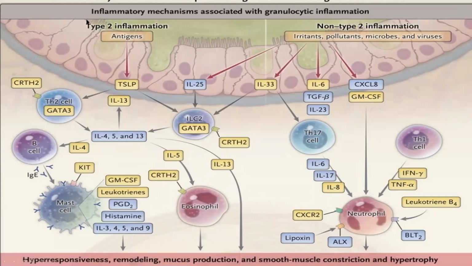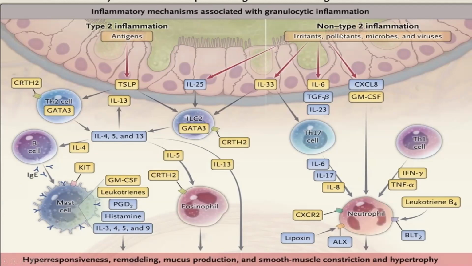For asthma, you have type 2 inflammation, where an antigen or allergen activates the CD4 T helper 2 cell, which ends up secreting IL-4, 5, and 13, which cause the maturation of B cells into plasma cells, secreting IgEs, which attach to the mast cells, releasing inflammatory mediators, and then eosinophil activation, and then the hyperresponsiveness, remodeling, and mucus plugging that you see with asthma.